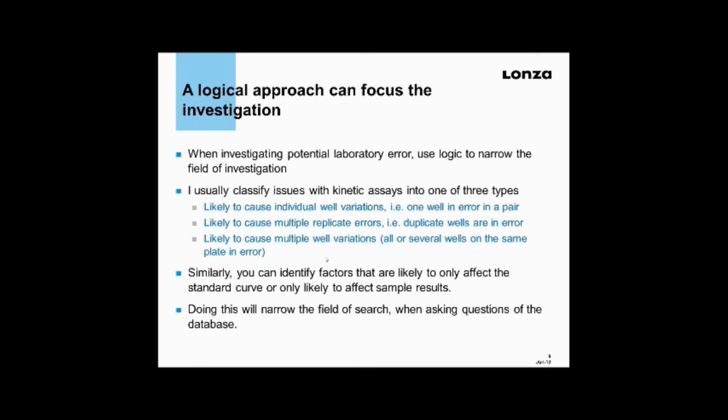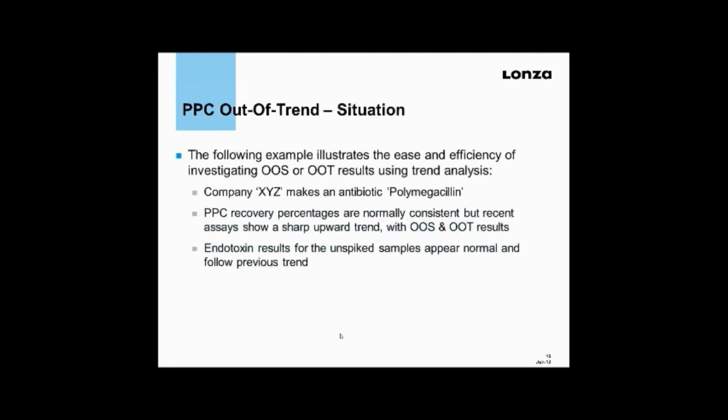So we're going to take an example of an out-of-trend situation that has occurred. This is a case where the positive product control is out of trend, and the company in question makes an antibiotic, which we've called polymegacillin to just give it a name.